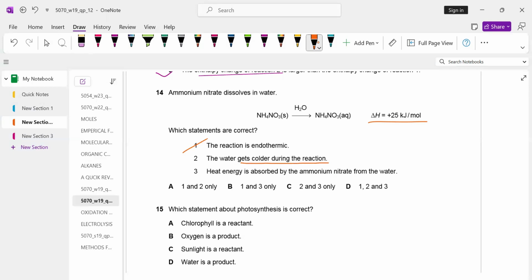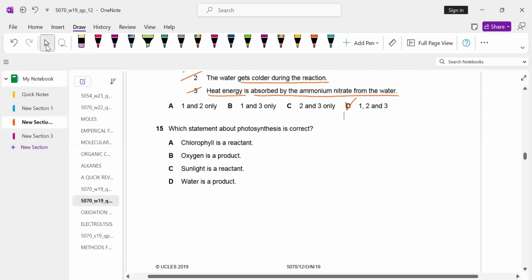When the reaction is endothermic, the temperature decreases, so the water gets colder. The second statement is also correct. Heat energy is absorbed by ammonium nitrate from the water. Yes, in an endothermic reaction, heat energy is absorbed. So for question number 14, option D means all three statements are correct.